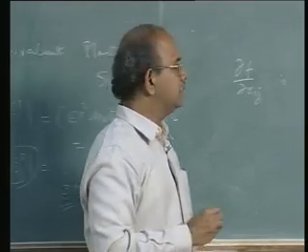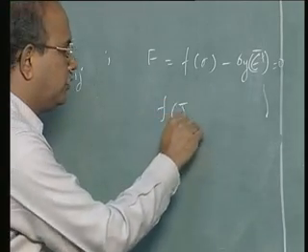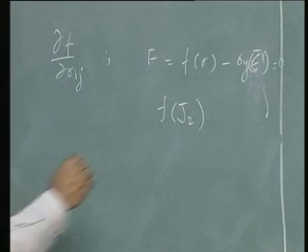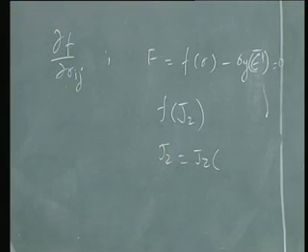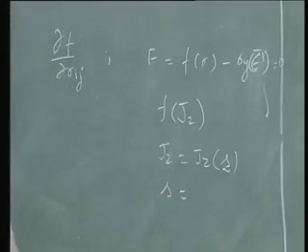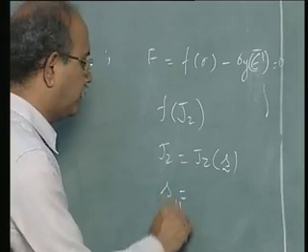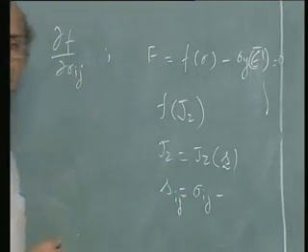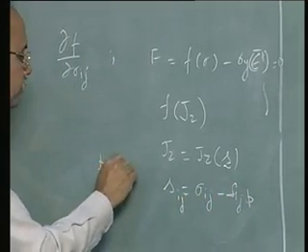In practice, small f is actually a function of J2, and J2 is a function of the deviatoric stress, and deviatoric stress is written in terms of sigma. So for example, deviatoric stress Sij is equal to sigma ij minus delta ij p, where p is equal to sigma ii by 3.